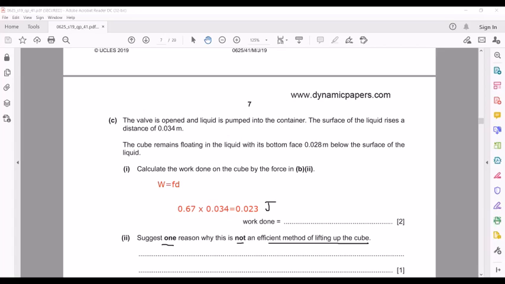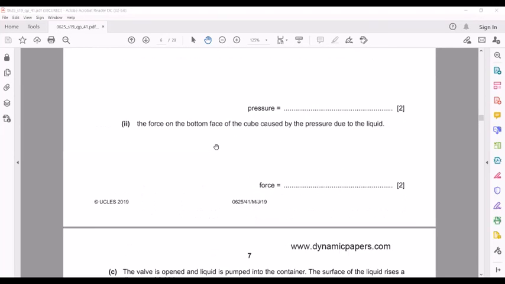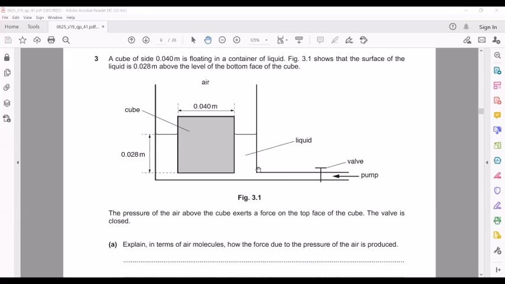to lift the cube. If you want to lift the cube, this method, because what happened in this case, what we are doing, if we want to lift a cube, we have to lift the liquid as well. So when we are doing work done, we are pumping the water.